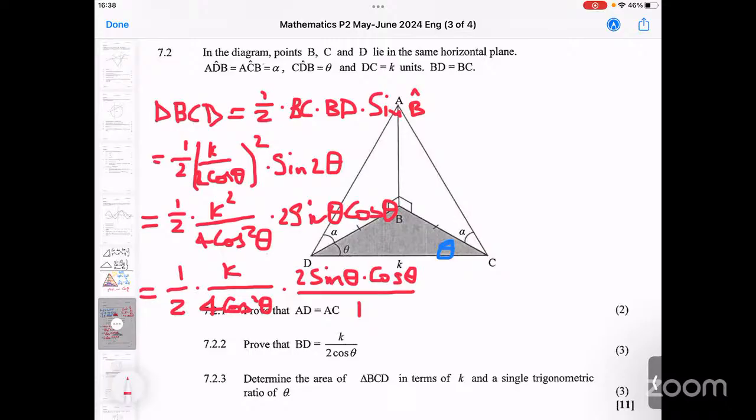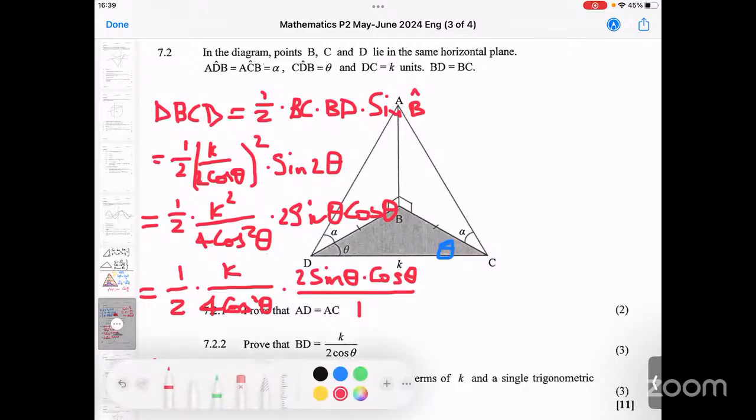Okay, so then it would be half times k squared sine theta over 2 cos theta. Wait, so what am I writing? Half times k squared sine theta. Okay, wait, Didintle.